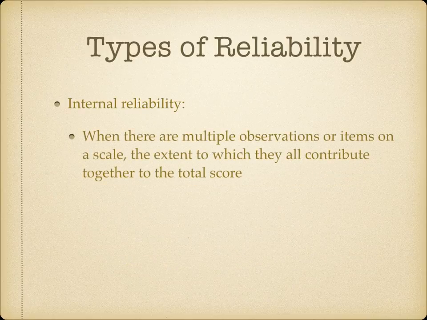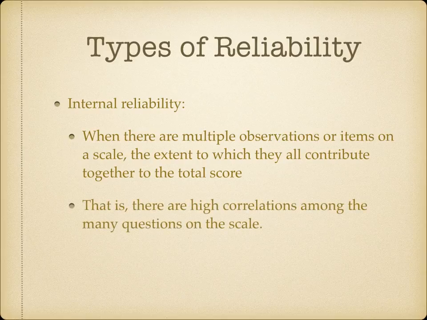Internal reliability is kind of a complex concept in a way. If you have multiple observations or items on a scale, internal reliability is the extent to which they all contribute together to generate the total score. Are they all pulling in the same direction, or pulling in a helpful way with each other?